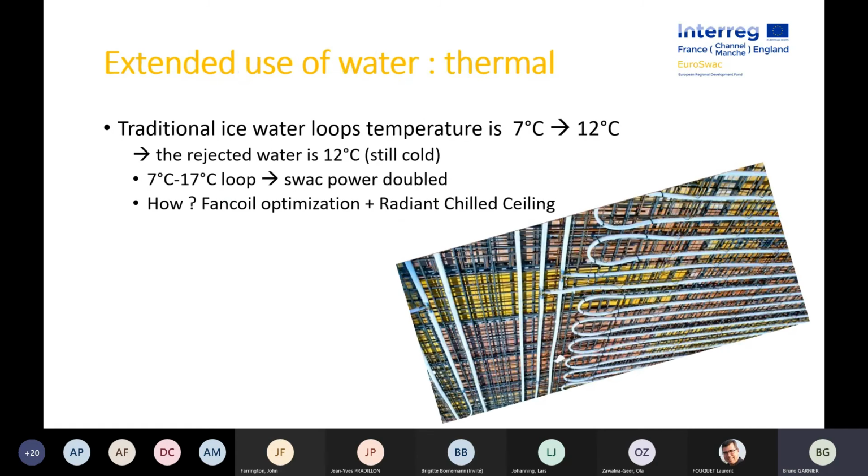Now we're going to talk about the extended use of water. First, in terms of thermal energy. The traditional ice water loops temperature is between 7 degrees and 12 degrees. We reject water that is 12 degrees, and this water is still cold.